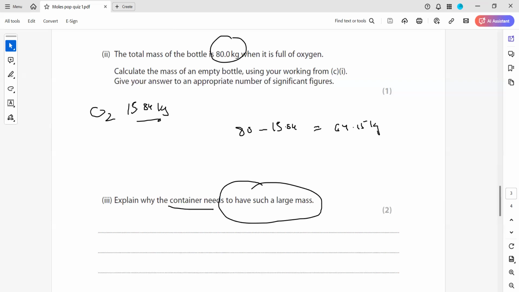Explain why the container has to have such a large mass. What is the advantage or what is a limitation of a high mass? Yeah, that's right. What is the reason for that? When it is having a high mass, because it is containing a gas, the walls will be much thicker.